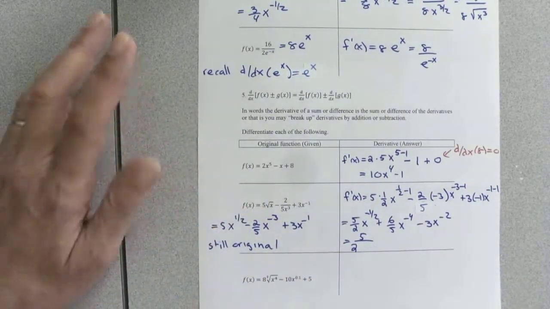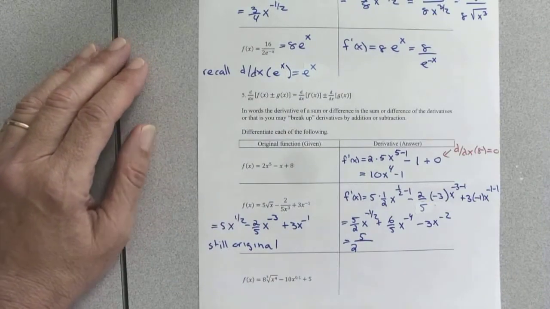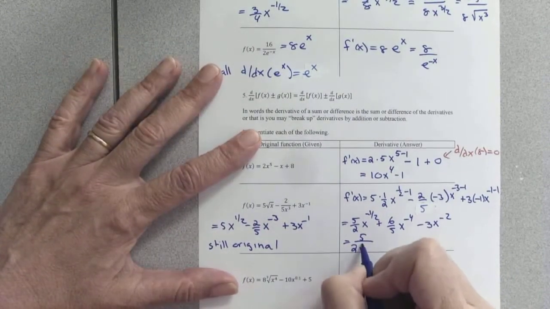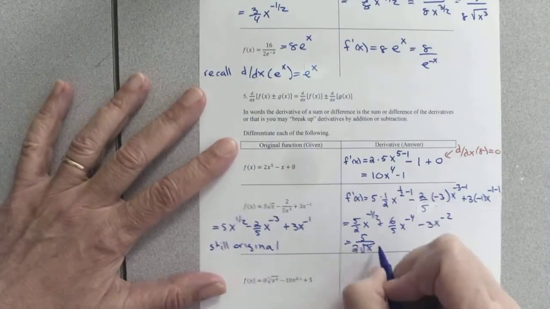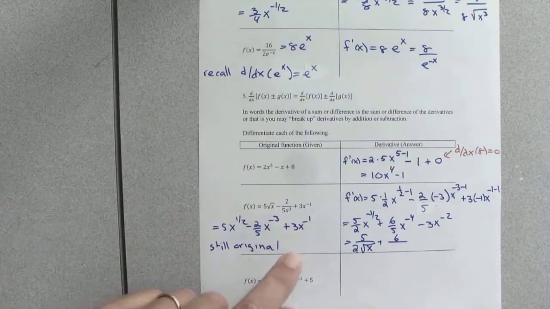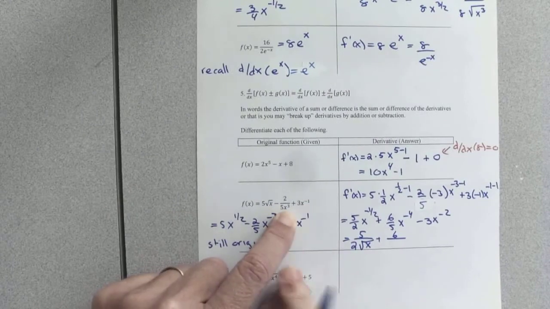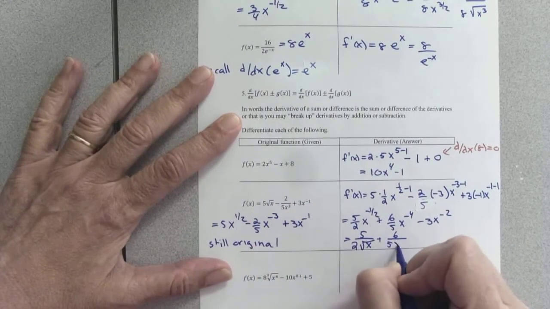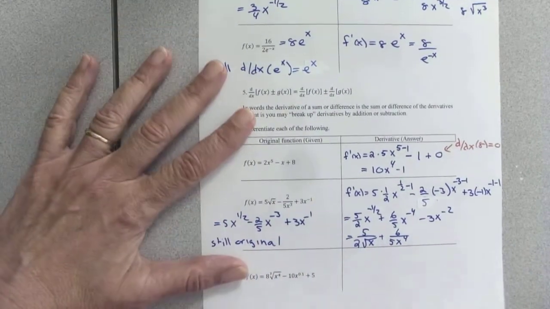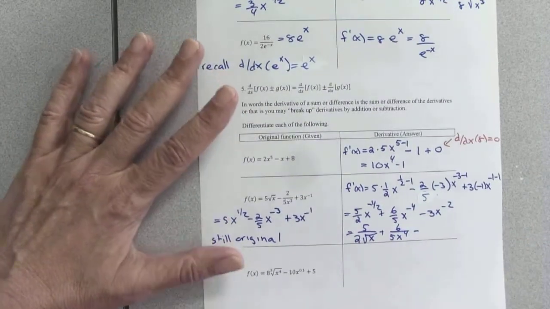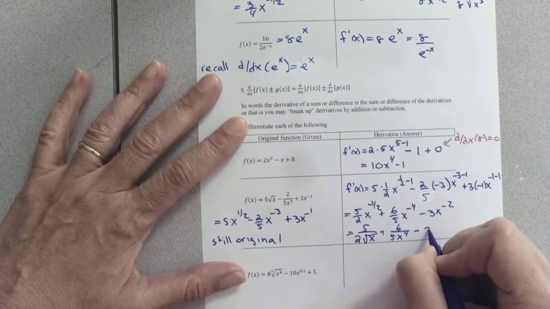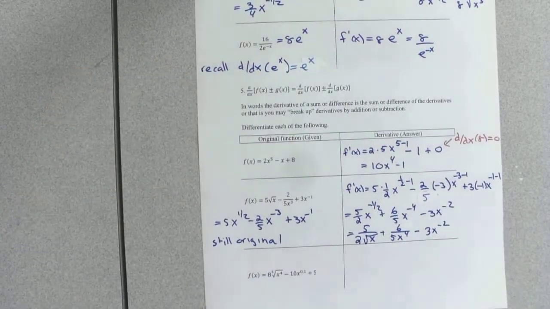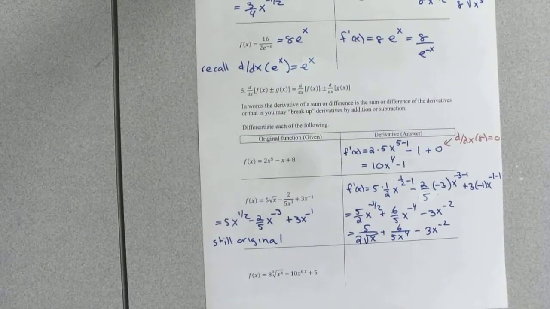The 2 stays put. The negative is going to take us to the denominator. The 1/2 makes us the square root. The 6 stays put. This one had the x in the denominator, so move the x to the denominator. So x to the 4th. And then on the end here, looks pretty close to the original problem. So leave the end as it is.